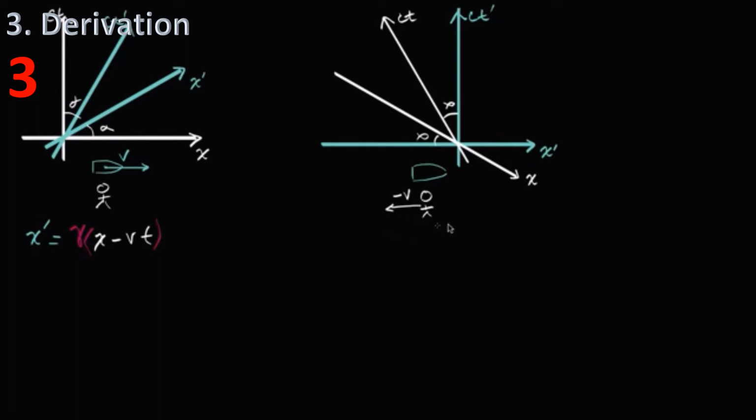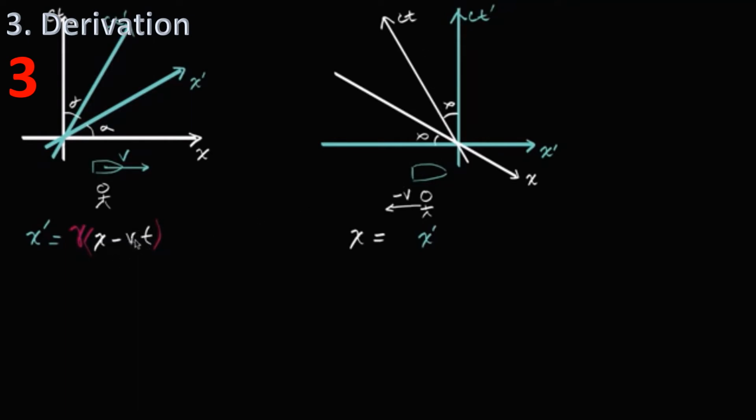Well, you could make the same argument the other way around. If you view it from her frame of reference and you're trying to translate into my coordinates, you could say, well, x, instead of just using the Galilean transformation, is going to be equal to x prime, and now instead of a v we have a negative v, right?